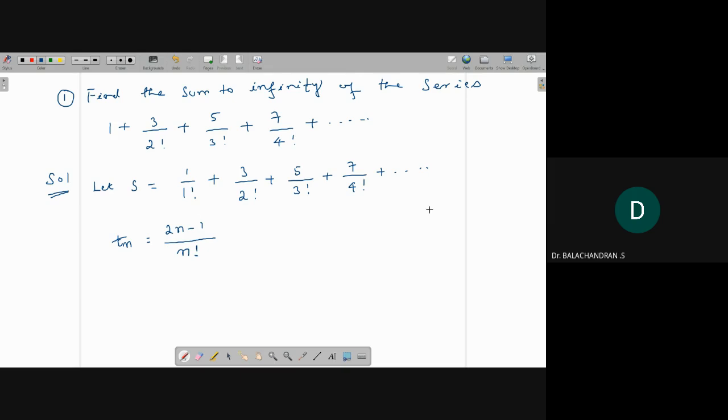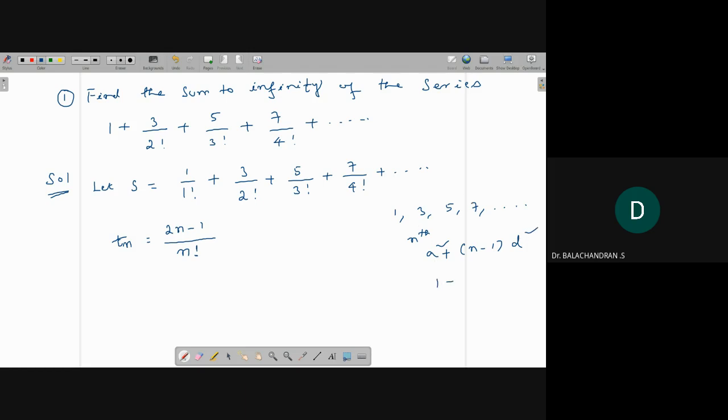So actually, the series is 1, 3, 5, 7, and so on. I think in 10th standard you have studied the formula for the nth term: a plus n minus 1 into d. If you know the first term and the common difference, then you can find the nth term.